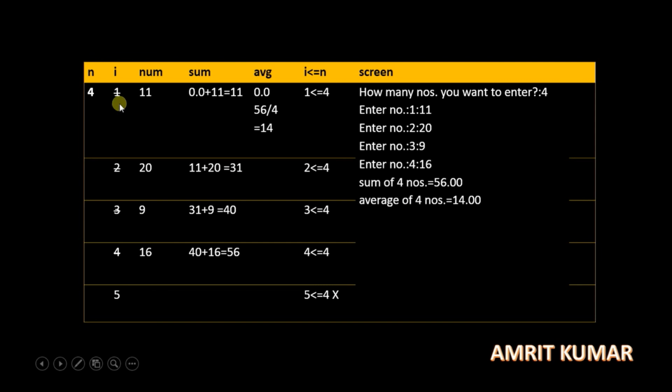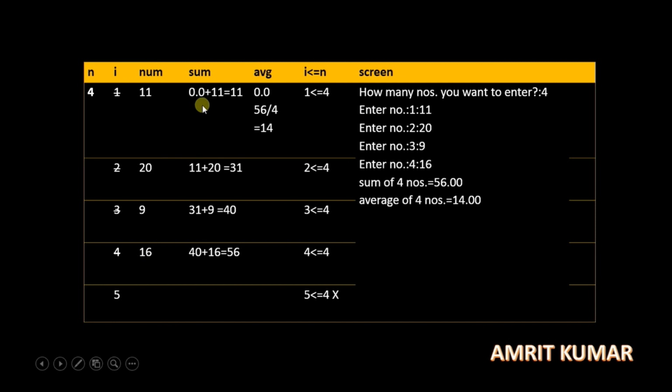So here, the user entered the number 11, and second the number 20. The user has given these numbers. When i becomes 3, the user has given an alternative number, that is 9 here. When i becomes 4, the user has given another number, that is 16 here.